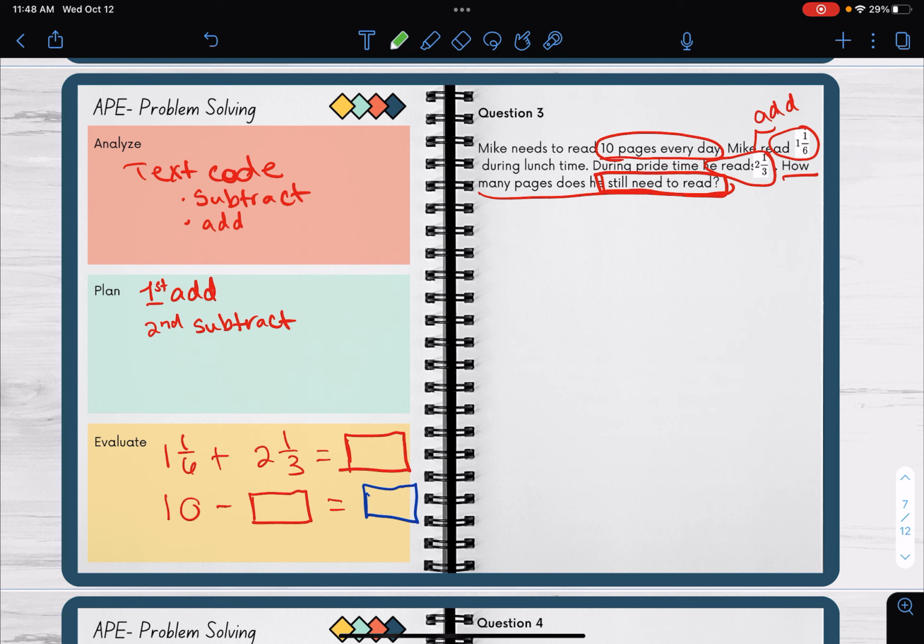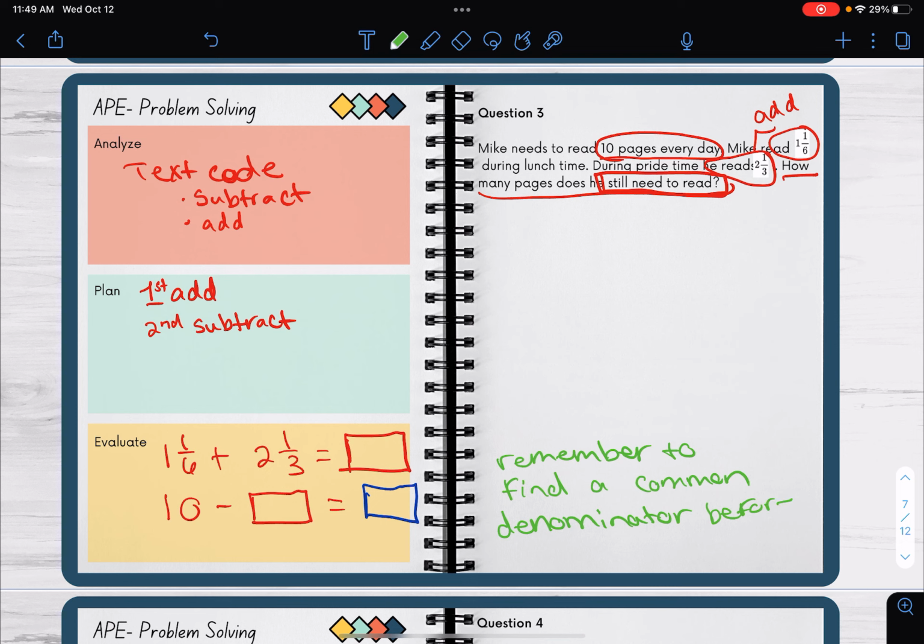So first, remember to find a common denominator before adding. All right, so go ahead and finish solving that one on your own, and then go on to the next one.